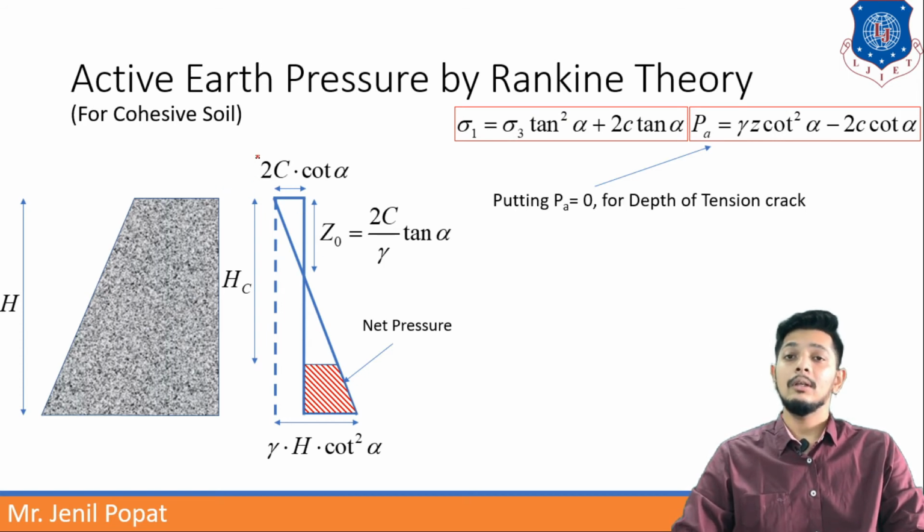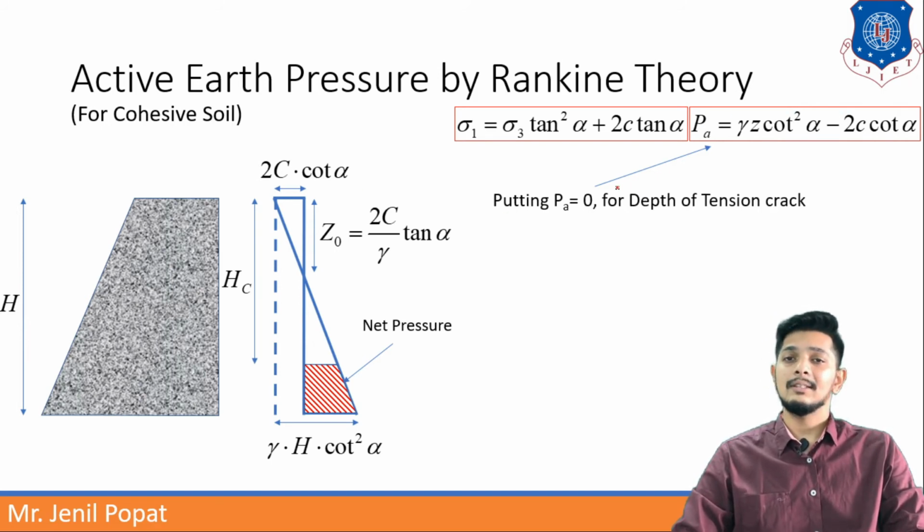As you have learned in mechanics of solids, it will behave like the point of contraflexure, and it will have some tension crack. Here, I am putting PA equal to 0 and I want to find out the point where PA will be 0.